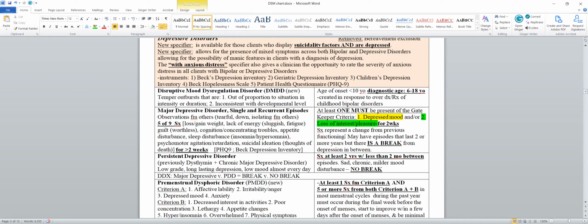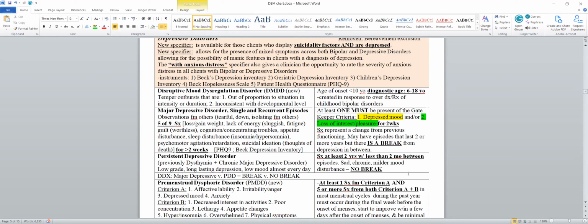Symptoms represent a change from previous functioning, and there may be episodes that last 2 or more years, but there is a break from depression in between. In persistent depressive disorder, there is no break. The symptoms last at least 2 years with less than 2 months between episodes.